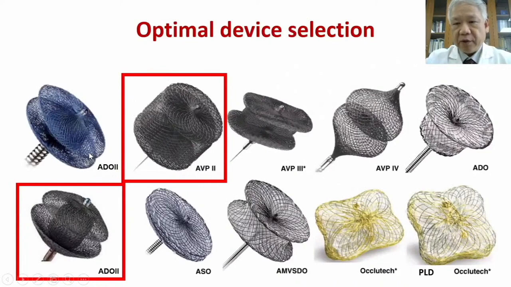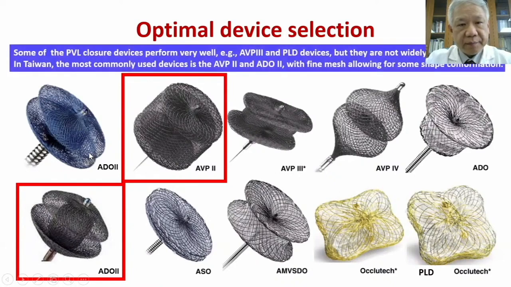Because the physical characteristics of the surrounding tissue are difficult to determine and their response to closure devices nearly impossible to predict, varying types of PVL closure devices have been used. Some of them perform very well, for instance the VP3 and the PLD devices, but they are not widely available for use. In Taiwan, the most commonly used devices are the VP2 and the ADO2.